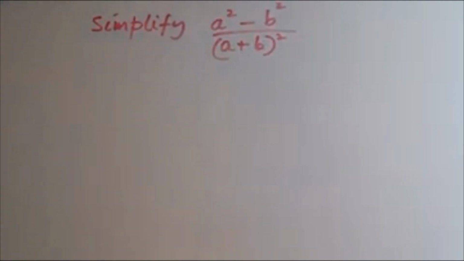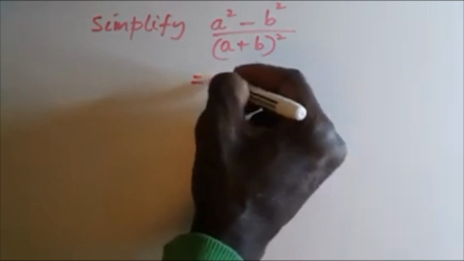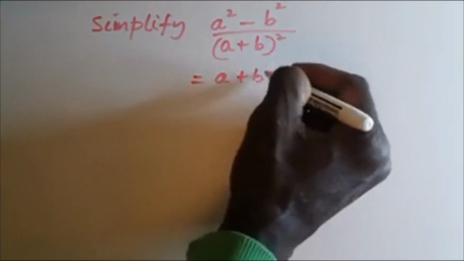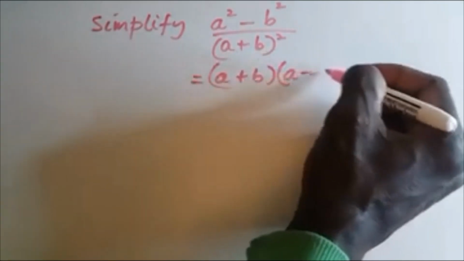How do you go about simplifying this fraction? Well, from the numerator we can see we can apply the difference of two squares, which we'll write as a add b, a minus b.